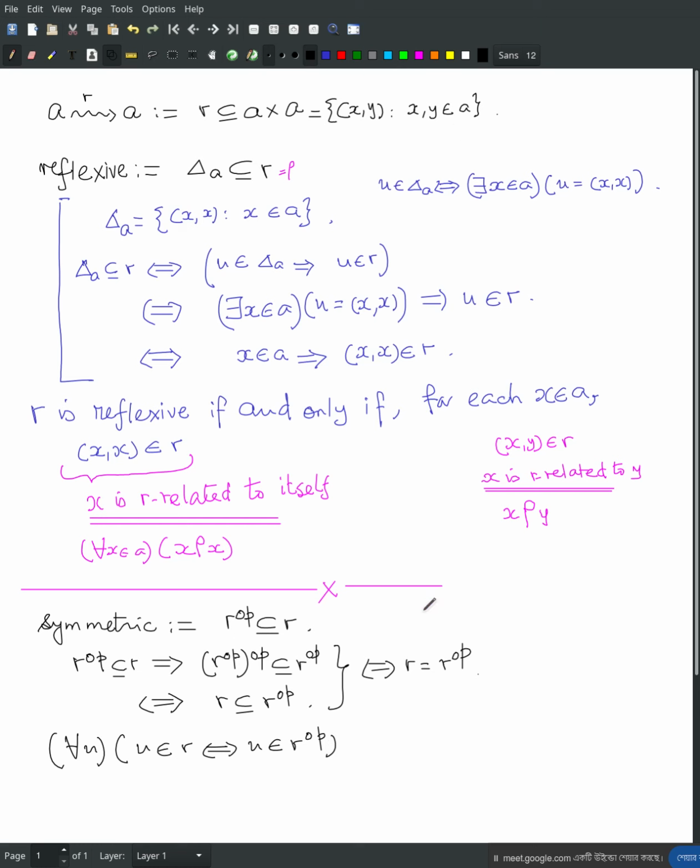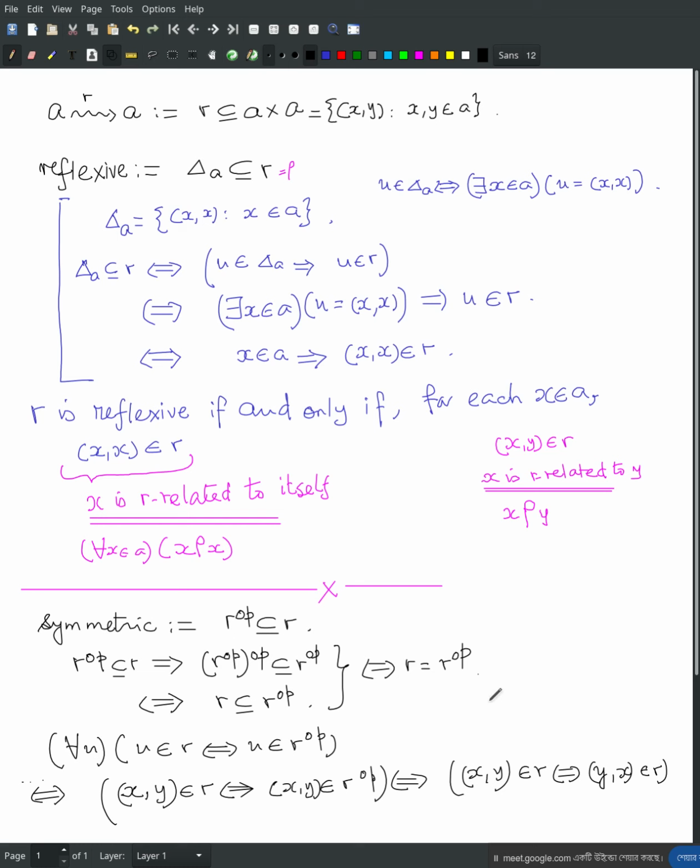You mean to say that there exists some x, y. There are a few steps to show here. So (x, y) belongs to R if and only if (x, y) belongs to R op. This is the same thing as (x, y) belongs to R if and only if (y, x) belongs to R. Okay, so that is the element-wise description.